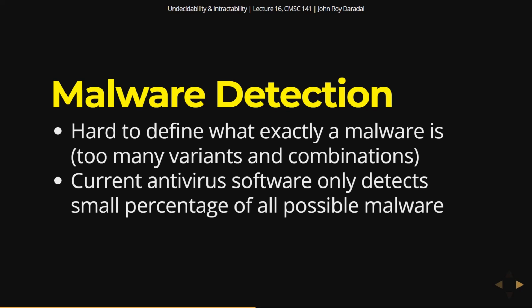But what if a new type of malware comes in? Then you'd have to update the antivirus software again, and this cycle continues. So really, malware detection for all possible malware is a never-ending cycle, because a new type of malware can always be introduced at any moment.